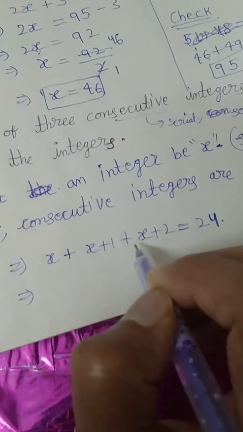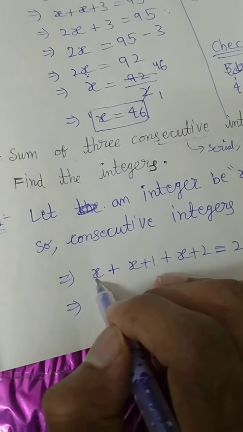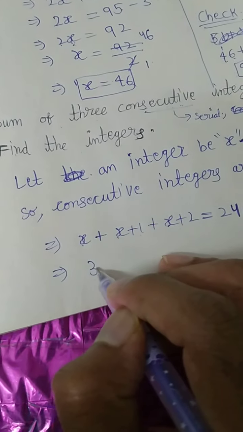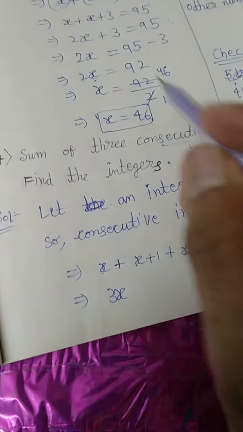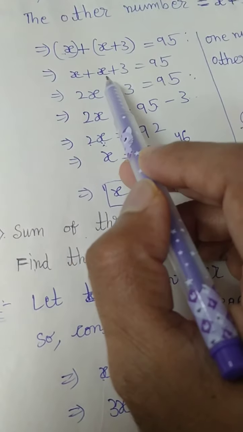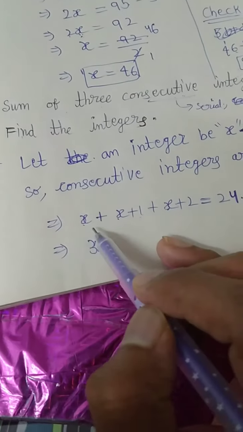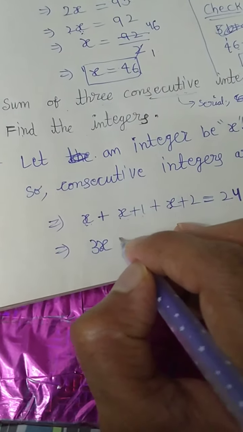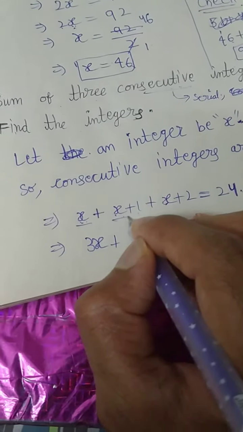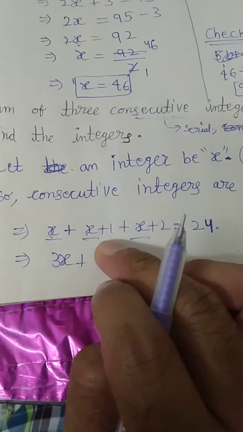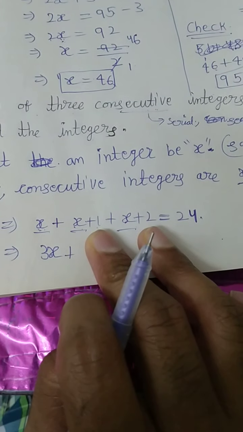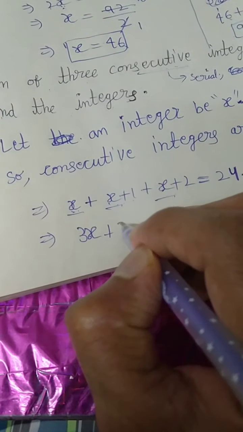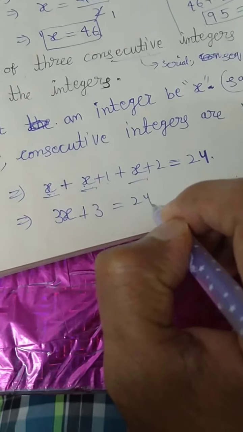First of all, how many x are there here, children? 1x plus 1x plus 1x, so x plus x plus x is 3x. In the previous problem we saw x plus x is 2x, but here 3x are there. These three numbers are completed. Still there is plus 1 and plus 2. Plus 1 plus 2 is 3. So 3x plus 3 is equal to 24.